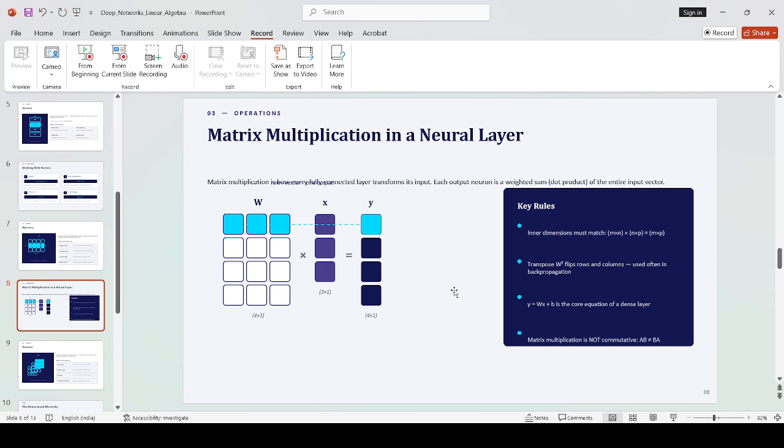Another important concept is the transpose, represented by W superscript T, which exchanges rows and columns. Also remember that matrix multiplication is not commutative. That means AB is generally not equal to BA. Every fully connected layer in a neural network uses the equation y = wx + b to transform input features into output features.